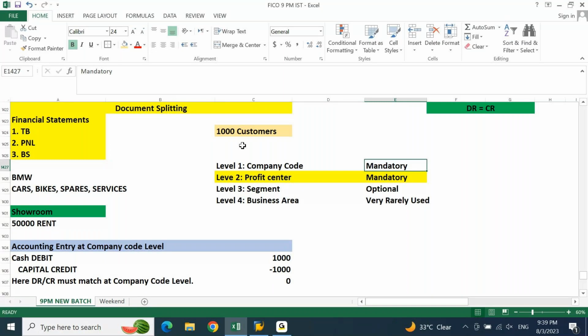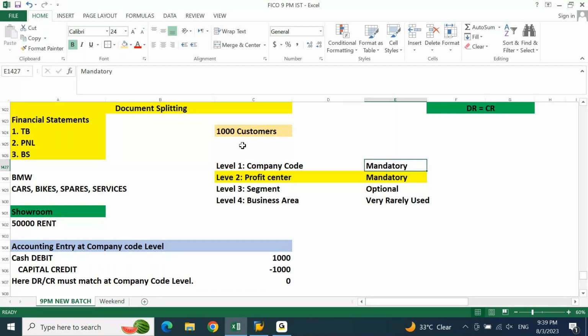Because if your debit and credit are not matching at profit center level, let's say I put a debit to car and a credit to bike, both levels I have given a profit center, but the debit and credit profit center is not matching, correct?